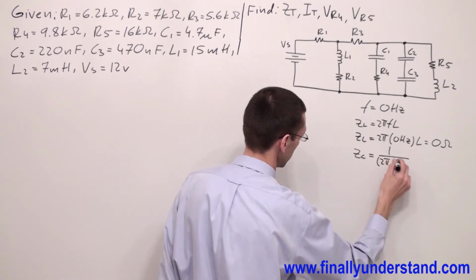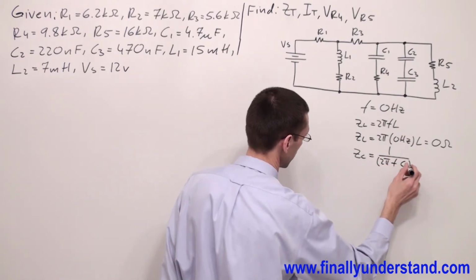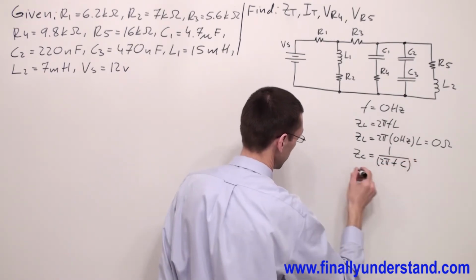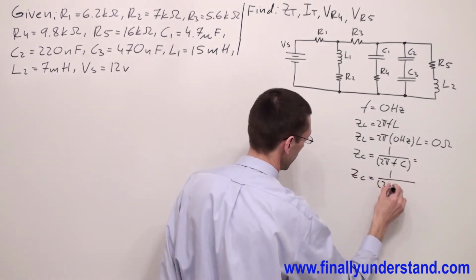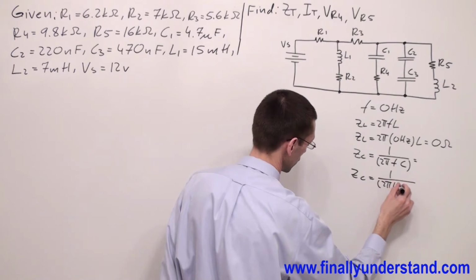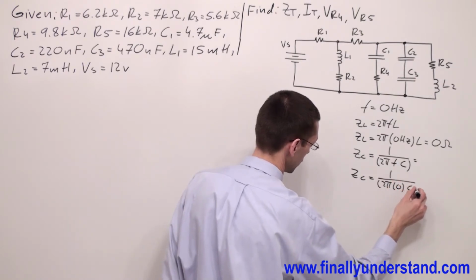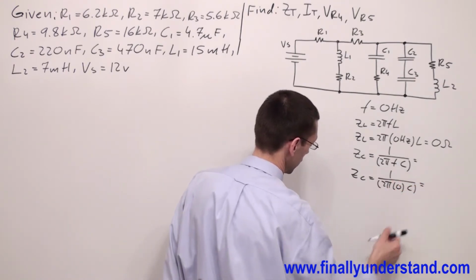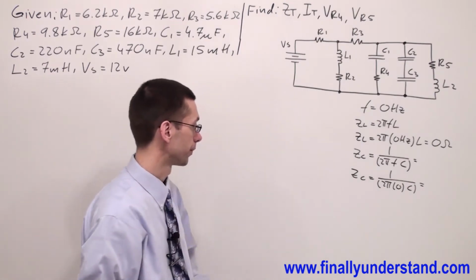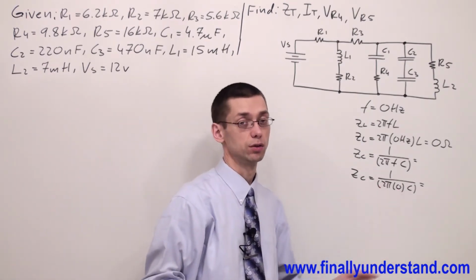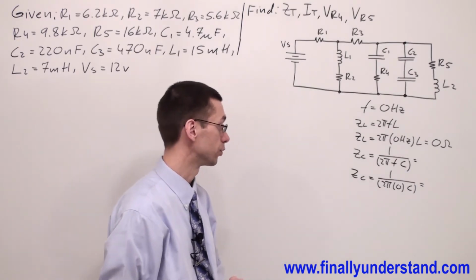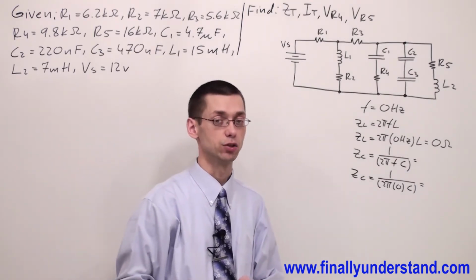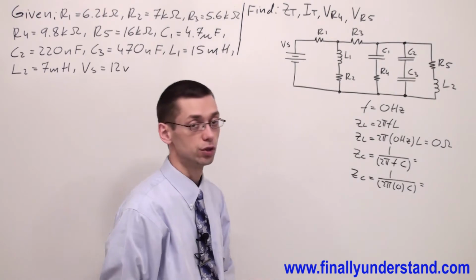Now, if it comes to the capacitor, ZC is equal to 1 over 2 pi f C. So ZC is equal to 1 divided by 2 pi, and the frequency is equal to 0, times C. The denominator is going to have value 0. Remember, anytime you divide anything by 0, the answer is not defined.